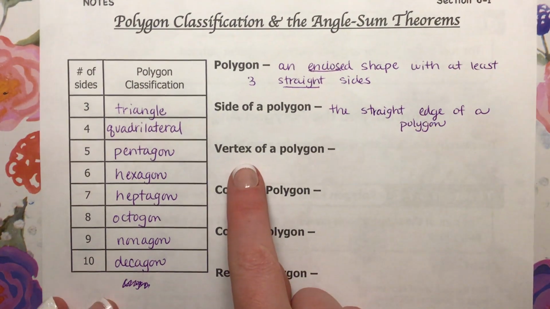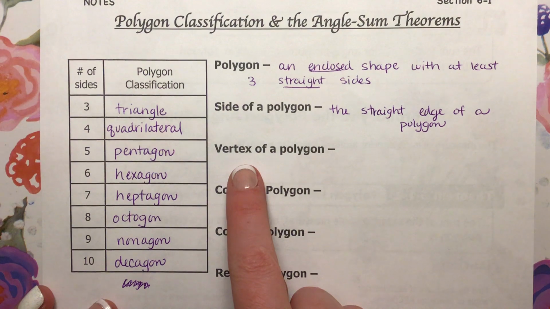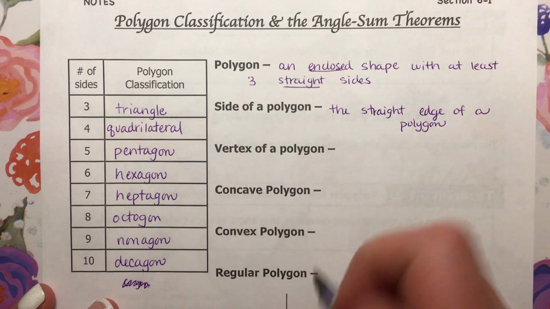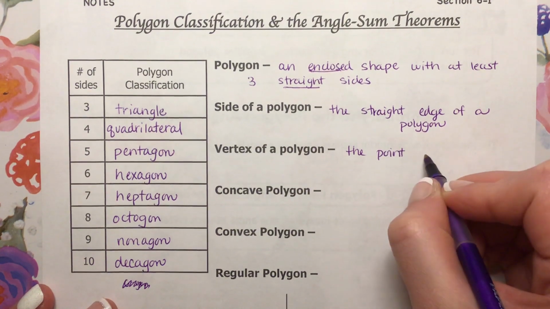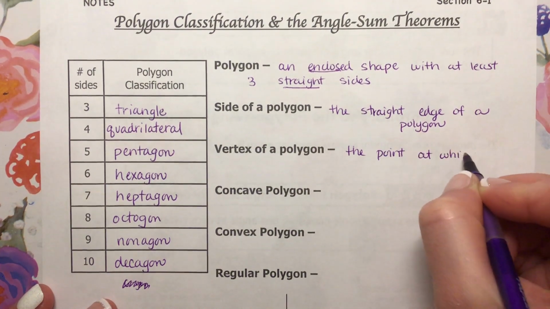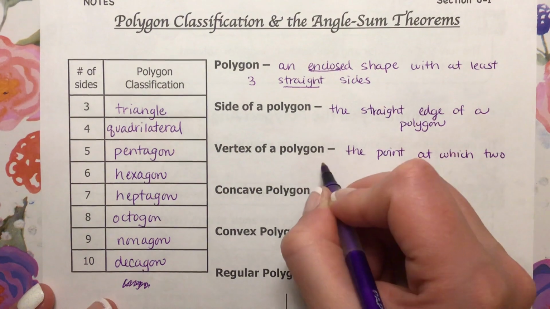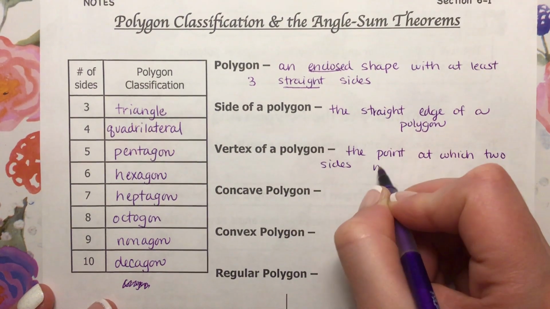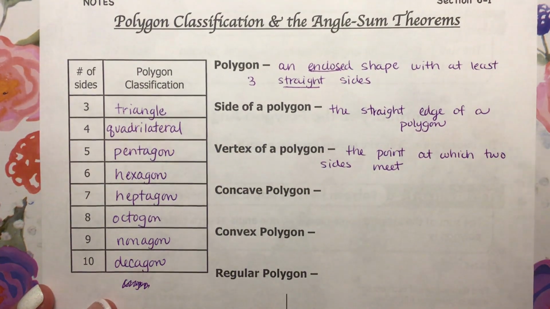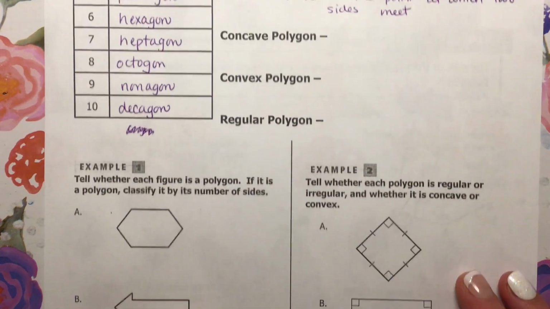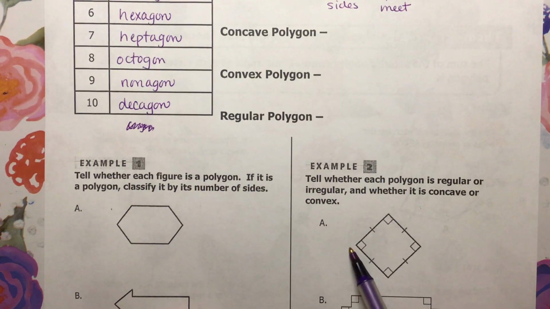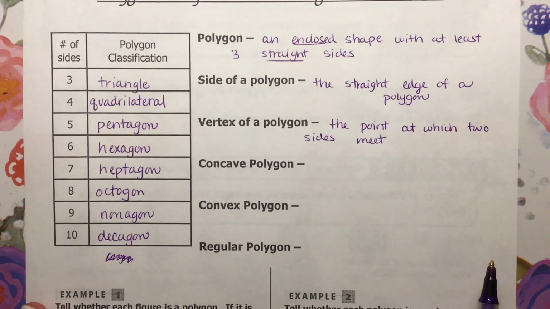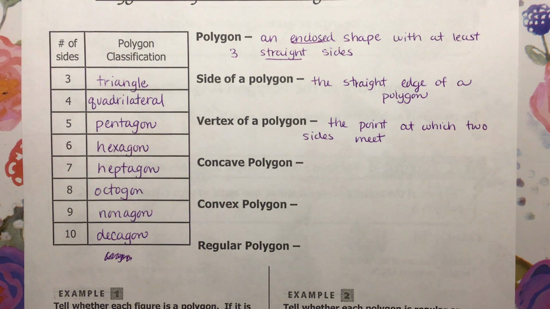The vertex of a polygon is where two sides meet at a point. So it is the point at which two sides meet. Down here in this image, this would be an example of a vertex, while this right here would be an example of a side. Now we also have different types of polygons.